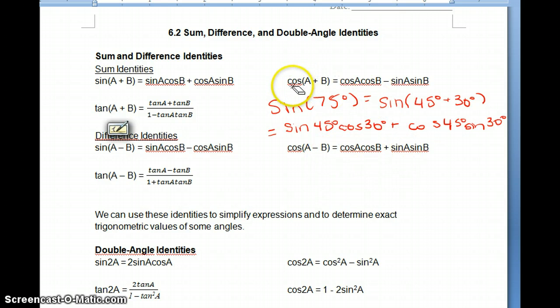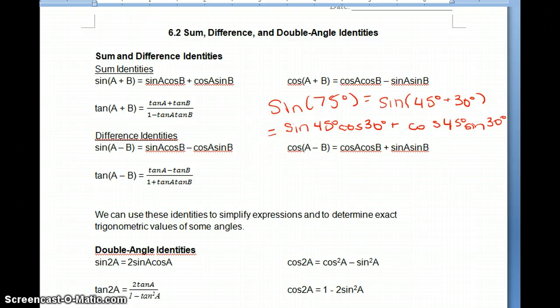And when we're adding a plus b for cosine, it's subtracting. So take note of those two, because with sine, you're subtracting when you're subtracting the a and b angles, and when you're adding a and b, you're adding sine a cos b with cos a sine b. Okay, just a couple quick points for you guys to know there.